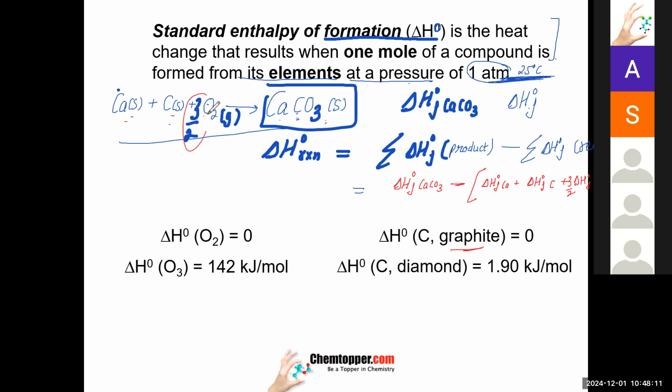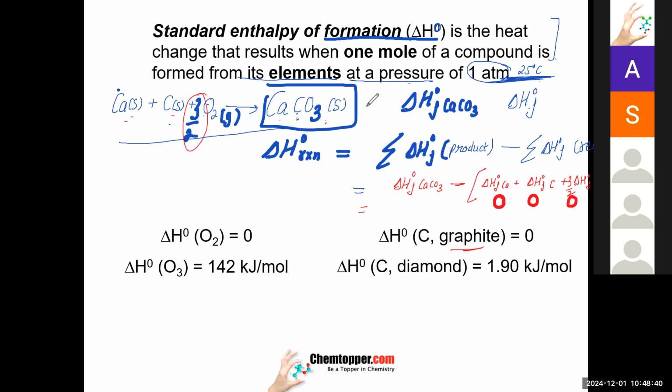This coefficient will come here, right? But there is an assumption now. Assumption, children. We are going to assume for the pure elements, their delta H naught formation values are assigned as 0 value. 0, 0, 0.